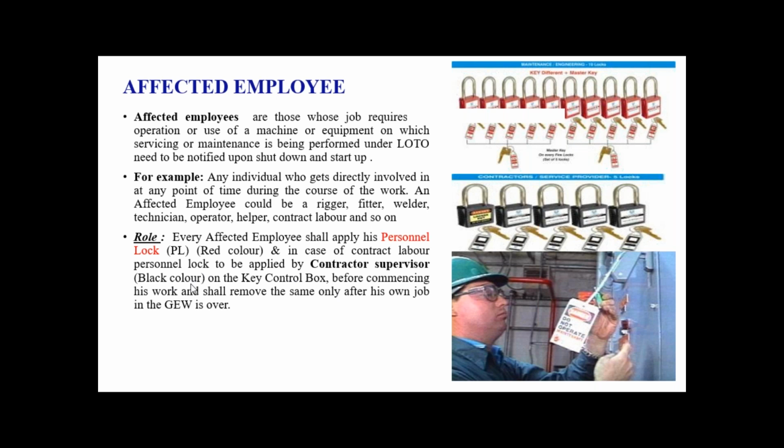A black lock clearly indicates that it is applied by the contractor supervisor. If the red color lock is there, then it is applied by the affected employee. And if the yellow color is there, then that is the equipment lock applied by the authorized persons. All these things are shown in this picture.